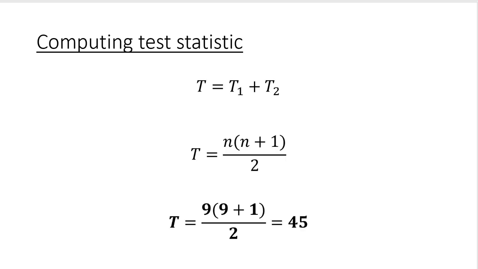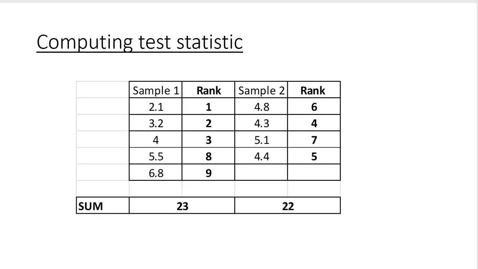By the way, when it comes to the total sum of ranks, it can be calculated based on the number of observations. So in our case, we have 9 observations in total. So according to this formula, the sum of ranks in the first and the second sample should be equal to 45. And yeah, this is what we can see here. A little of mathematic magic.